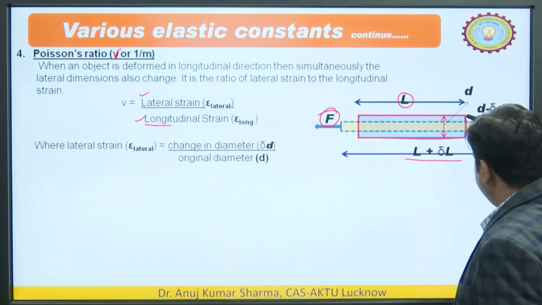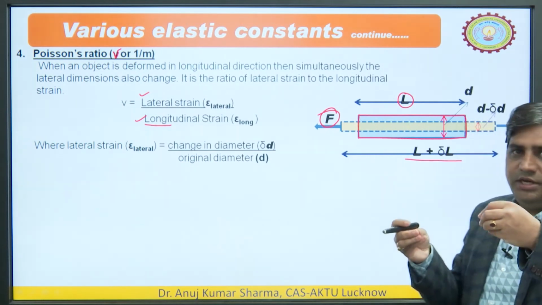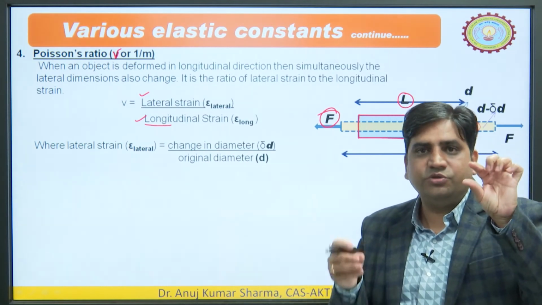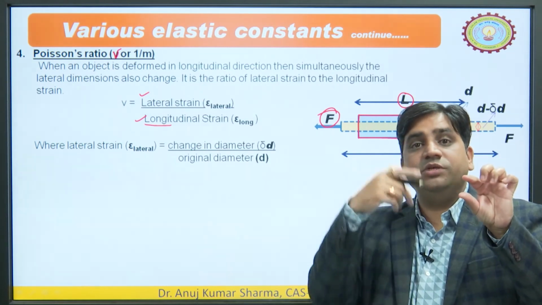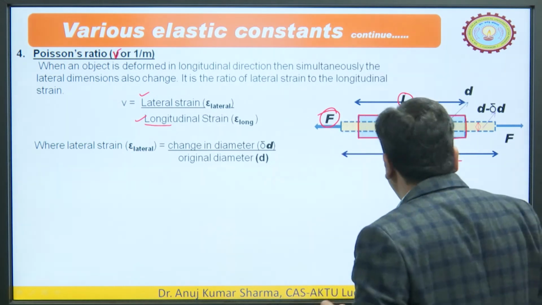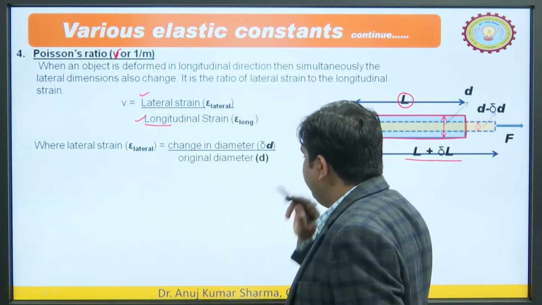When you are stretching something, its length is increasing, but its diameter is decreasing. So, change in diameter divided by the original diameter is known as the lateral strain, means delta d upon d.